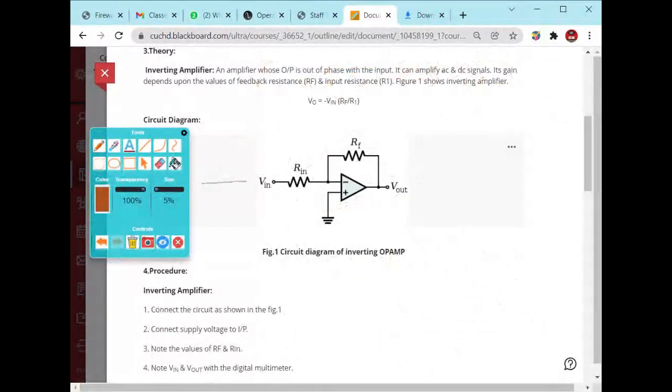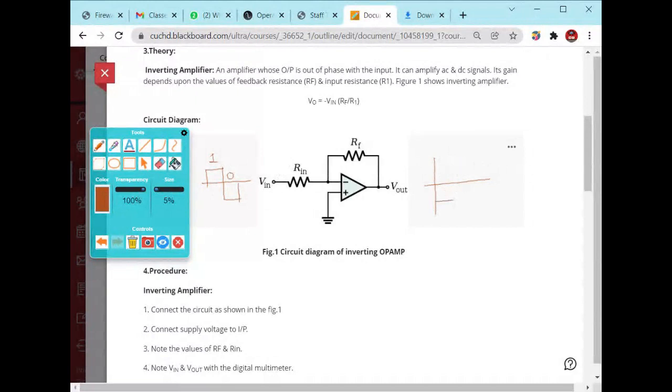Suppose I am providing an input signal like this. Initially it was 1, after that it was 0. So at the output, what is the phase? The phase should be opposite.